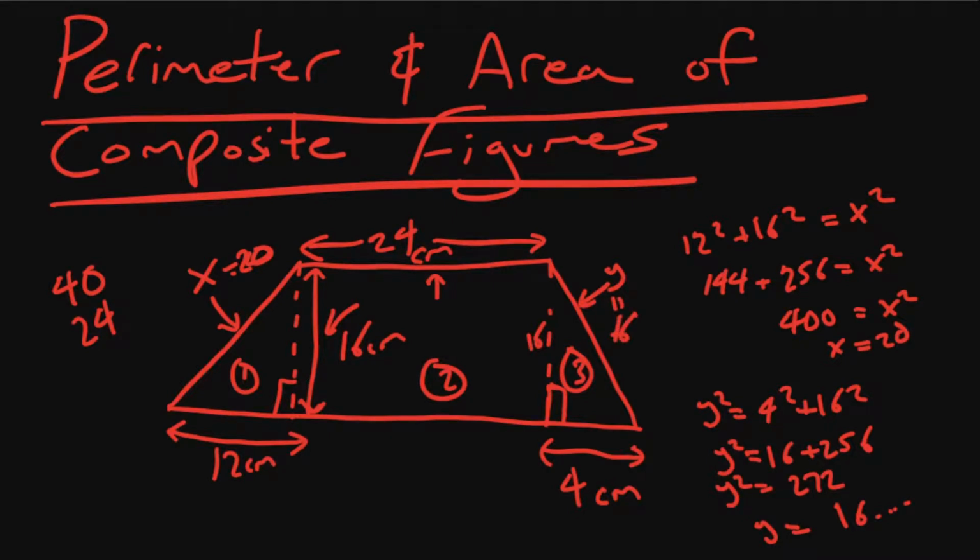all the sides. Now if we add them up, if we add up all of the sides, now we have 20. And 16. Now if we add up all of them, we have 100.